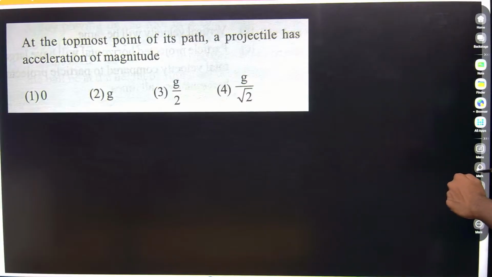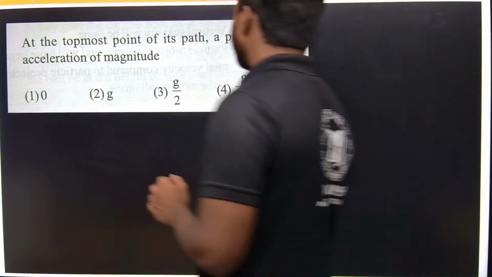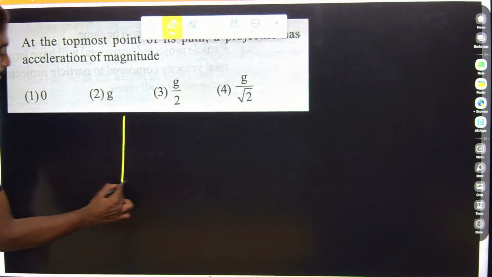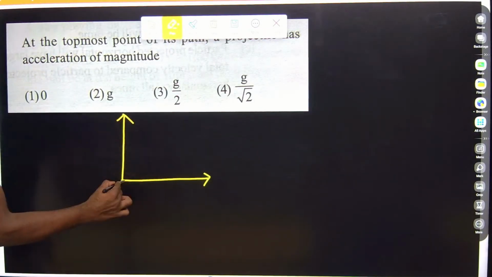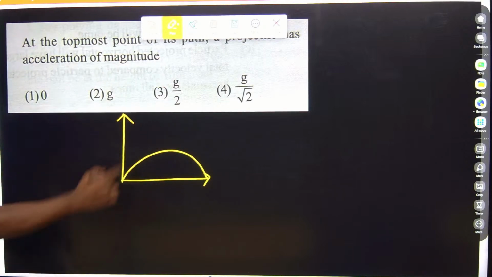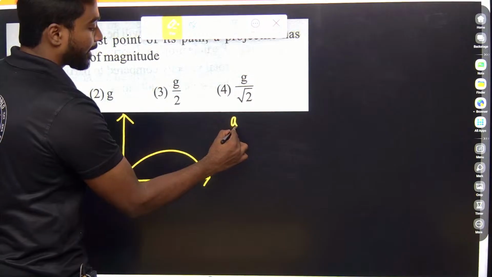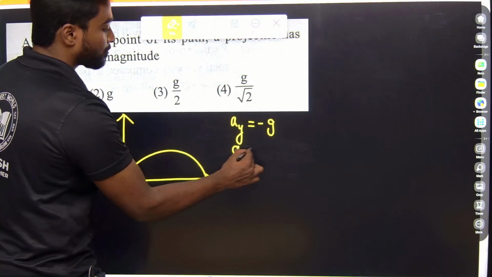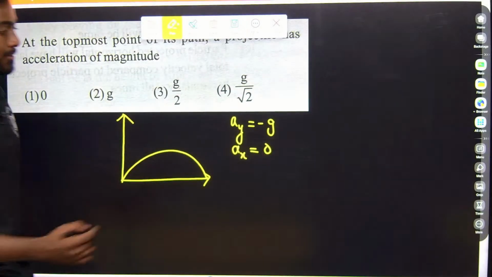The thing I will explain here, so keep in mind. When I try to project an object, it will go in this path. We know that acceleration in y direction will be equal to minus g, acceleration in x direction will be equal to 0, and they are asking the magnitude.